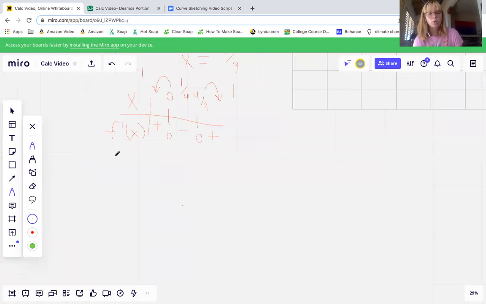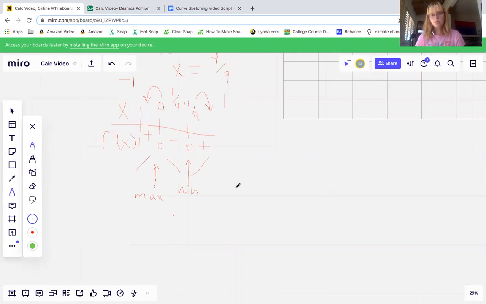Now we can annotate what that means for our function f of x. It means that the slope is going to be positive over this interval, negative over this interval, and positive over that interval. And from that, we can see that this is going to create a maximum, and this is going to create a minimum.